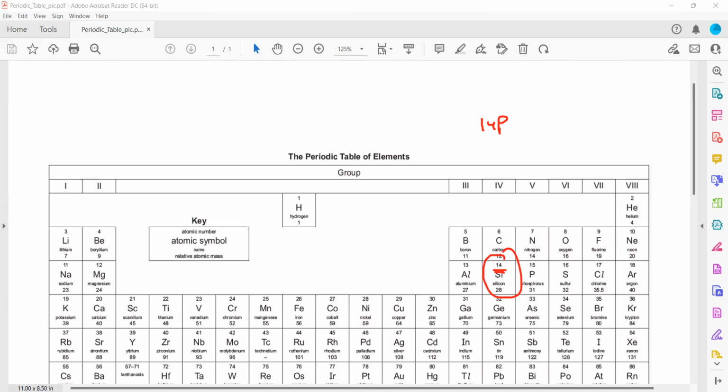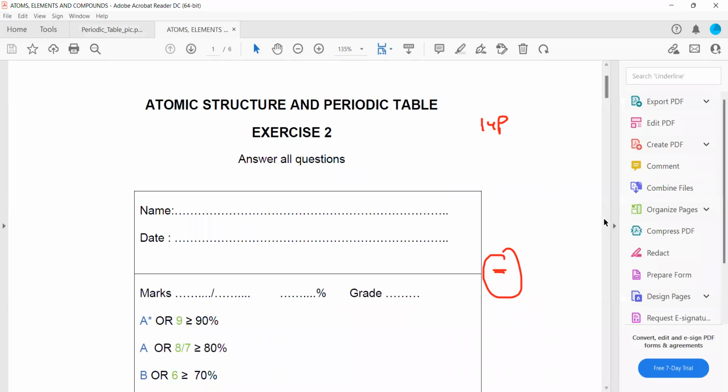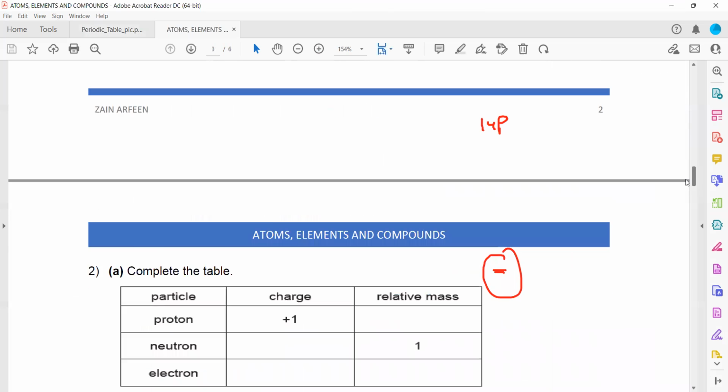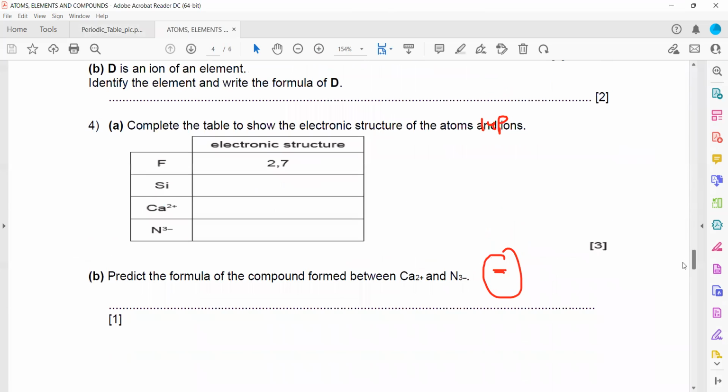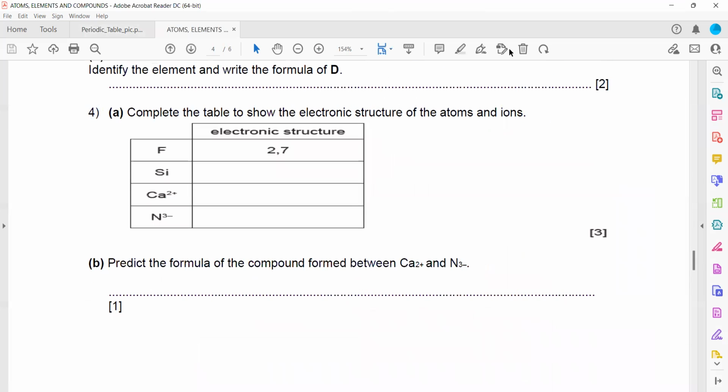So if there are 14 protons, then it should have 14 electrons as well. We have to arrange 14 electrons: first shell 2, second shell 8, and the third shell 4. So 2, 8, 4.